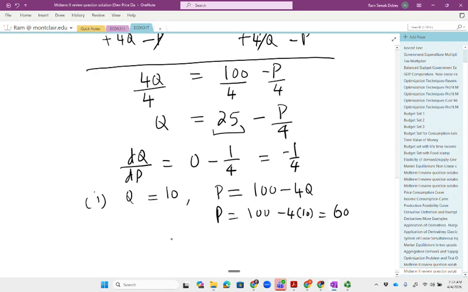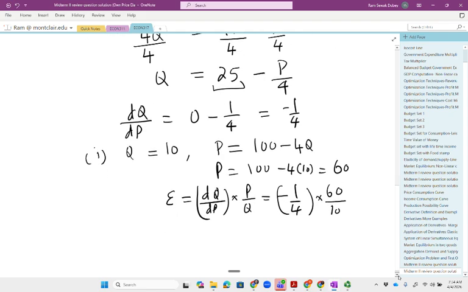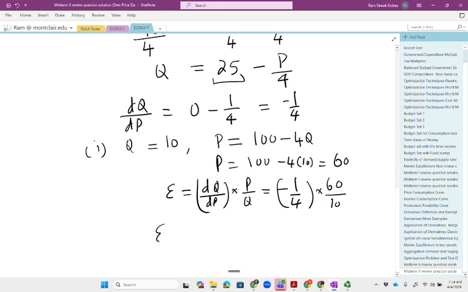Now I have the elasticity: dQ over dP, the derivative, times P over Q. So the derivative is negative 1/4, times P, which is 60, over Q, which is 10. Now we are able to compute the elasticity here.